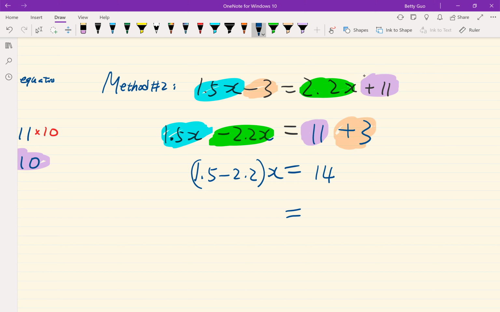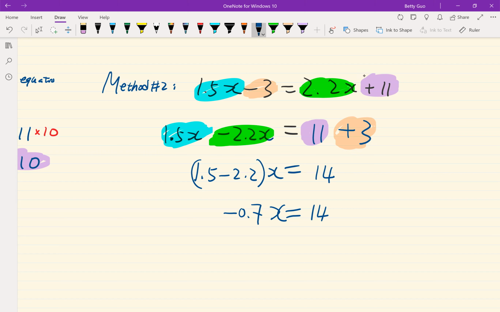Okay, do you have a calculator? Good news, from the second test, you are able to use a calculator, right? So tell me, what is 1.5 minus 2.2? Negative 0.7, right? Am I right? Okay, very good.